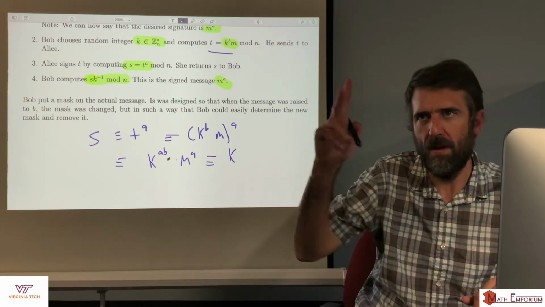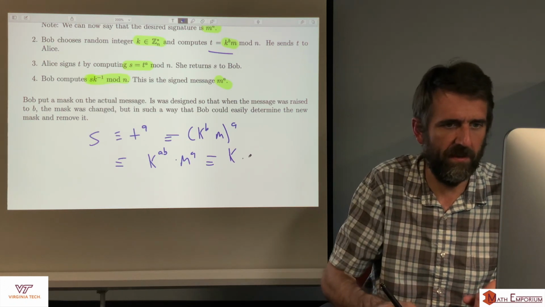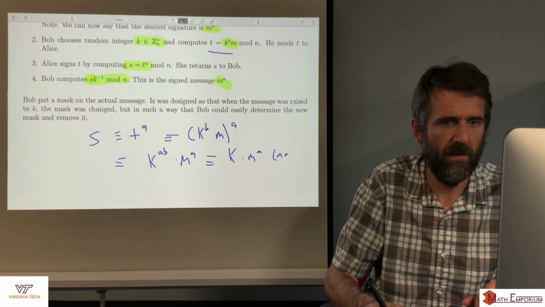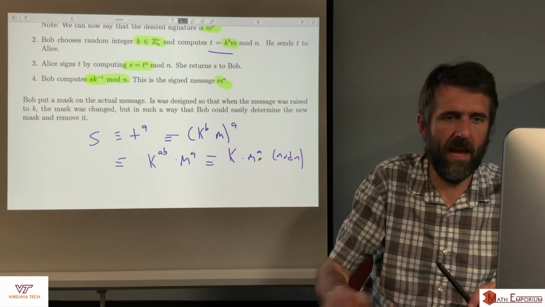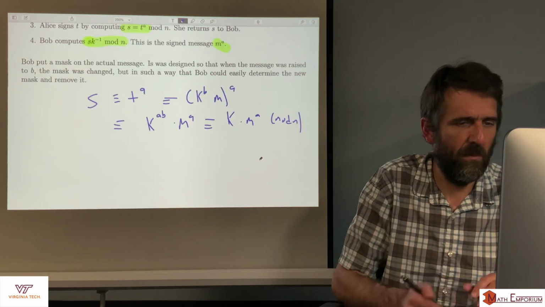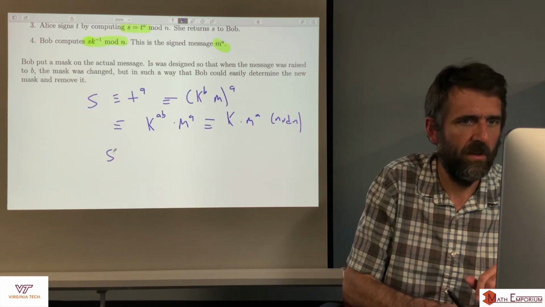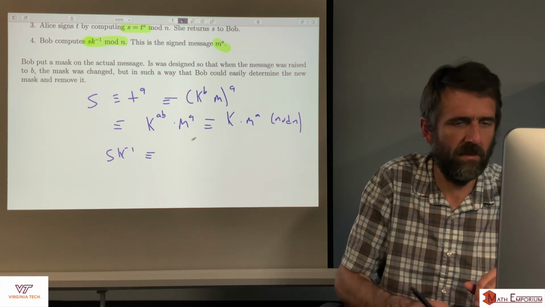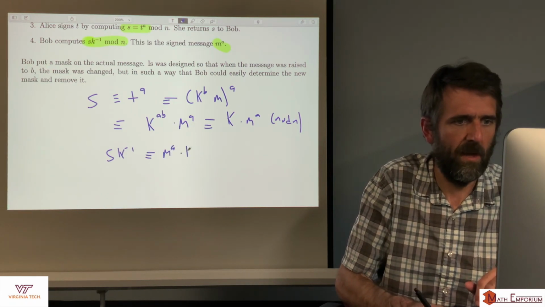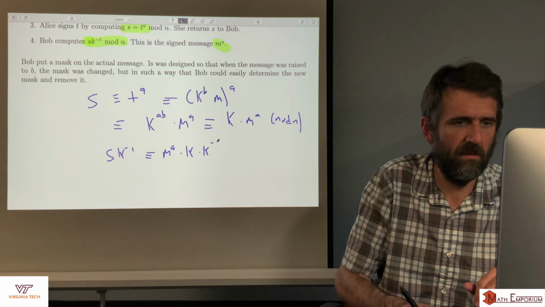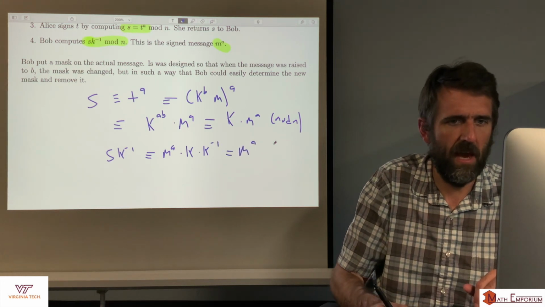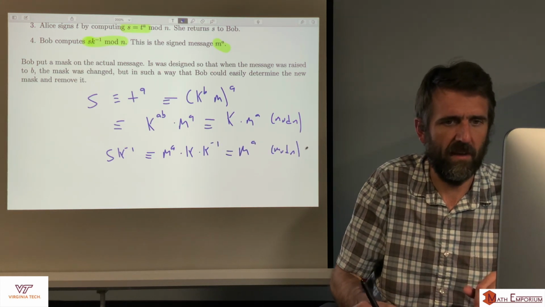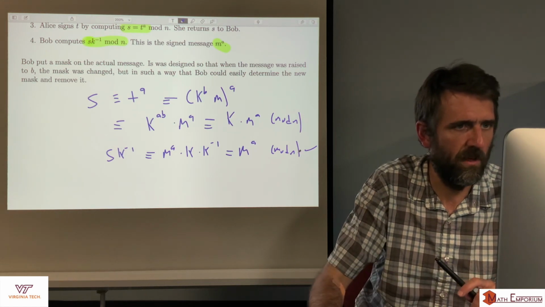But again, a and b are inverse exponents of each other in this instance of RSA, so it's just k times m to the a. And so when Bob does s times k inverse, that's m to the a times k inverse, it's just m to the a. So that's the correct signature on the message.